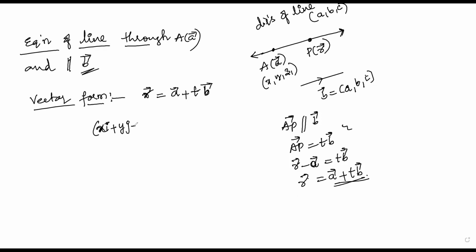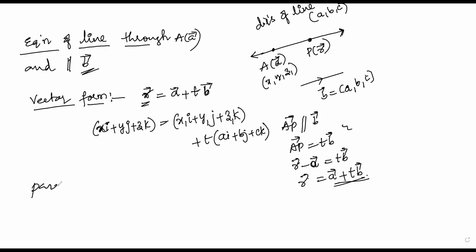Xi plus Yj plus Zk. This is R bar. Equal to A bar means what? X1 i plus Y1 j plus Z1 k, plus T into B bar. If you don't know, then we write A i plus B j plus C k. We write like this.